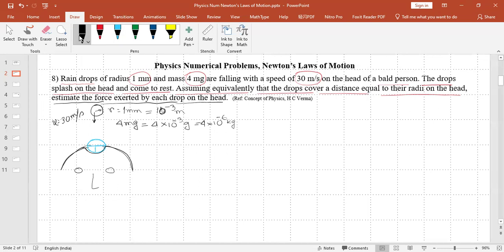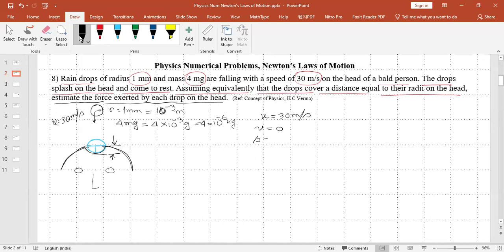Here also, the question is not at all difficult. When the raindrop falls on it, the initial velocity of the raindrop is 30 meters per second. This is clear. And when the raindrop comes to rest, then the final velocity of the raindrop is 0. And the raindrop covers the distance of its radius.